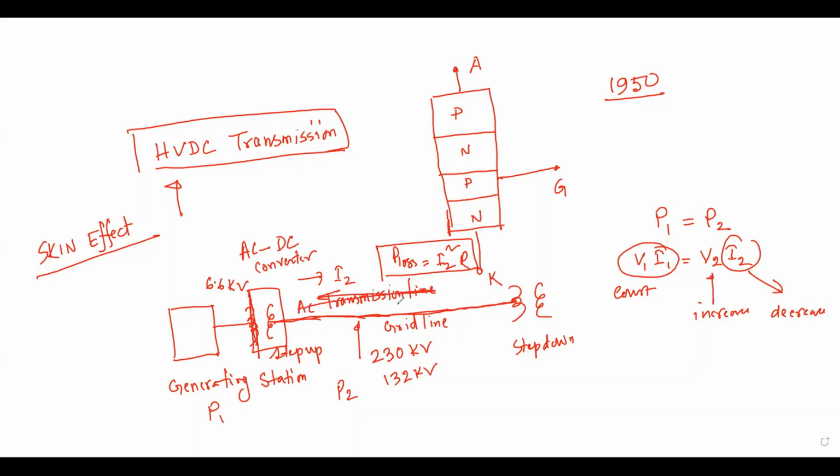So this becomes DC, and of course it is high voltage because they stepped it up before that. So what is the converter that we have learned to make AC voltage into DC? Any idea?